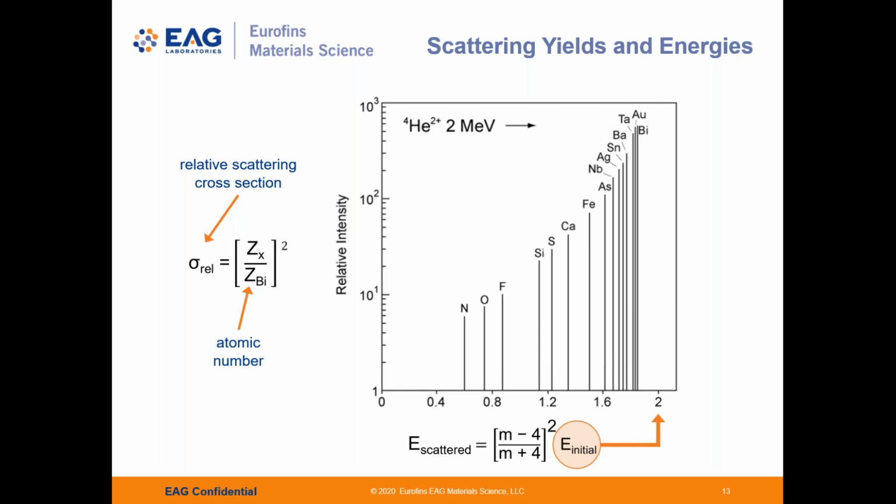Note that for the purposes of this presentation, the cross-section relationship, sigma relative, is written in reference to the heaviest atom in this example, bismuth. Also, the kinematic relationship is written in reference to the collision between the target atom and the incident ions, the helium nuclei, which have a mass of 4 AMU.